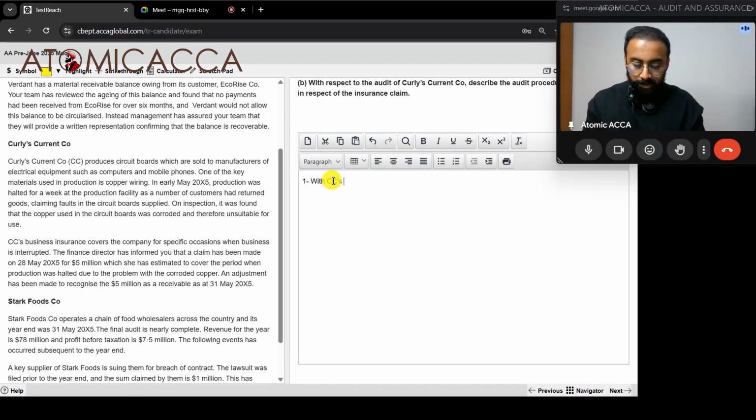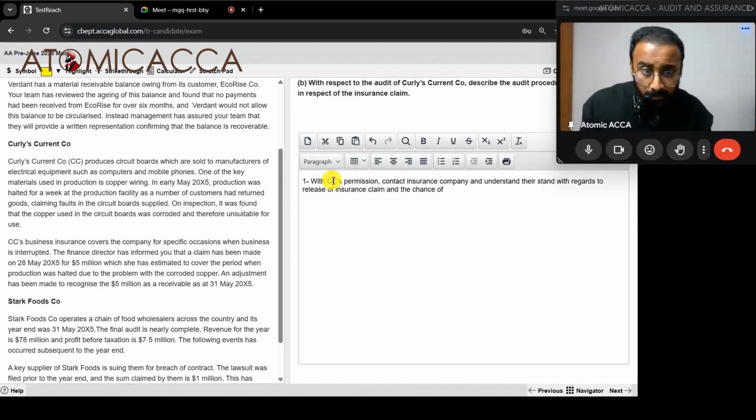So with CC's permission, contact the insurance company and understand their stand with regards to release of the insurance claim, the chance of transfer, and the possible date of transfer as well.